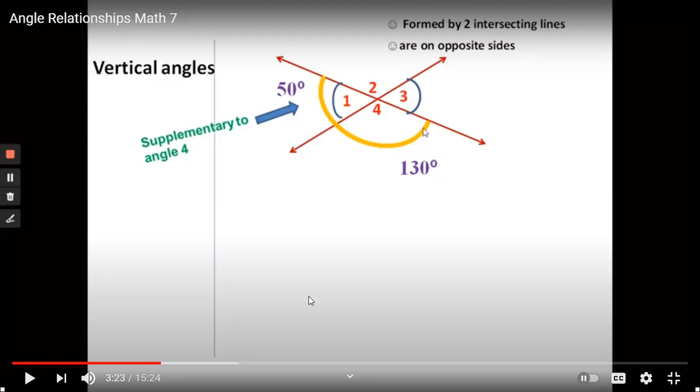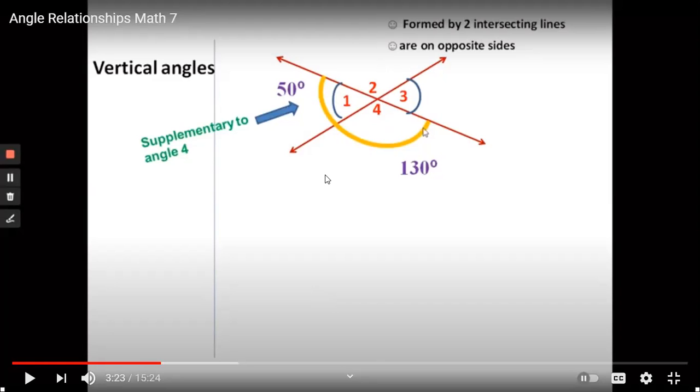How did you find it? The opposite. You look at angle 4 and then you find the opposite? Yes, then this is 130 and this one is 130.